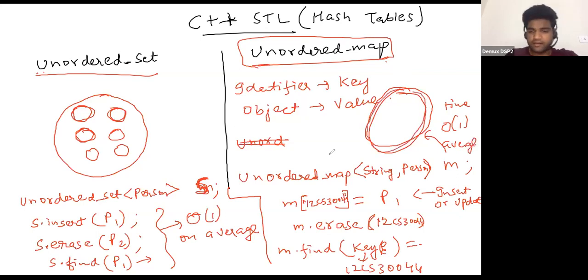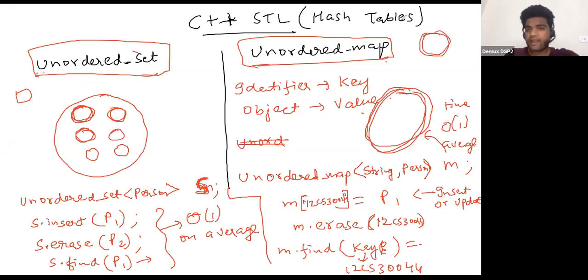So just to summarize what I told you so far, there is a data structure which gives you order 1 average insertion, deletion, and searching. And generally we have two ways of storing or representing a particular data. We can represent the entire data in one particular location in the data structure, or we can represent it as key value pairs, wherein key is some unique identifier for that object and value is that entire object.